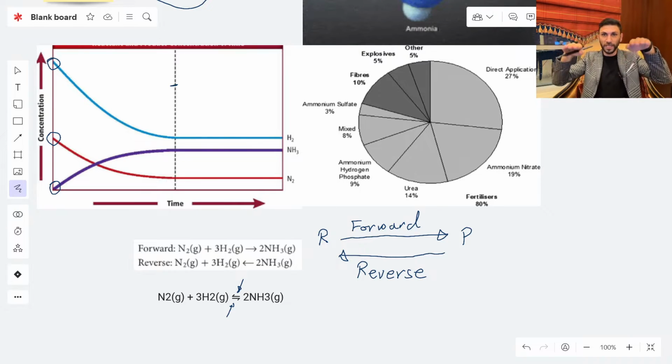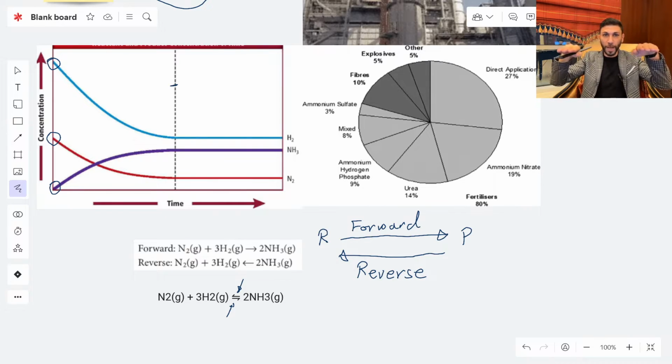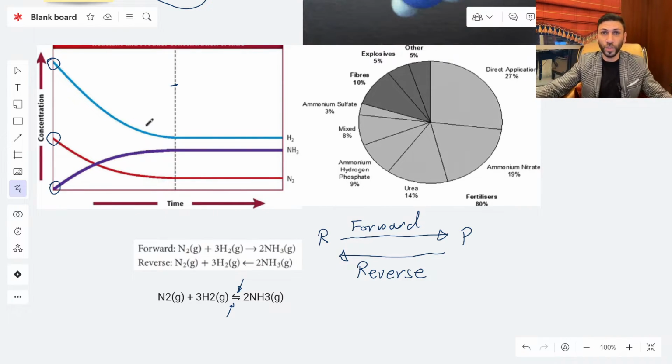So it's going to be like this until they reach a point where there is an equilibrium or balance, or the reaction will stop at this equilibrium, basically at this line, where the concentrations of the reactants and the products are constant.